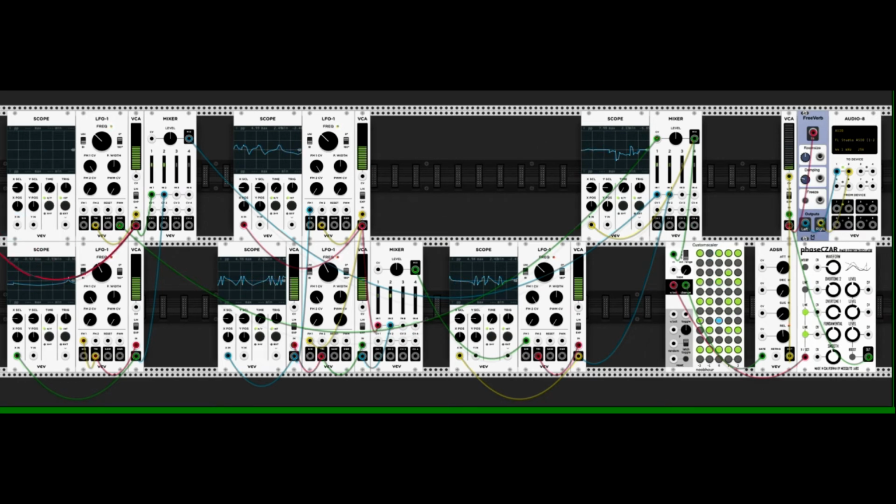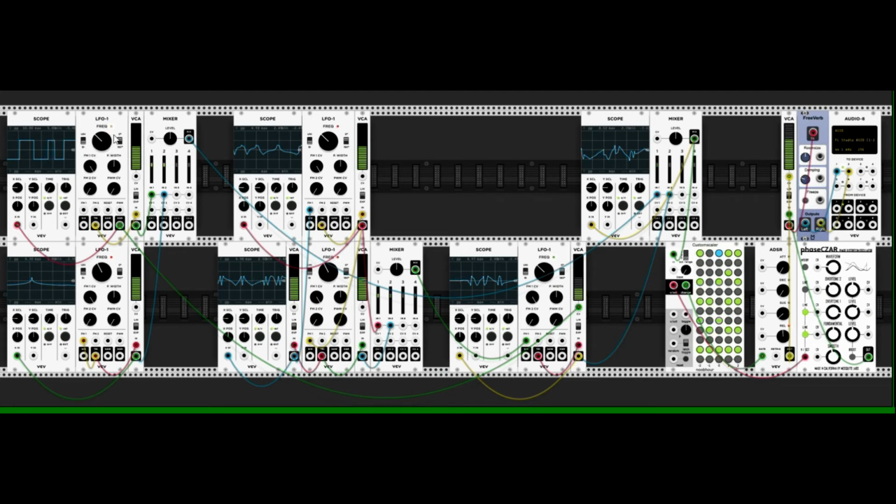Let me connect the square wave output to the scope to make it better visible. Or let me use this square wave output to switch on and off the other modulation chain, this one.